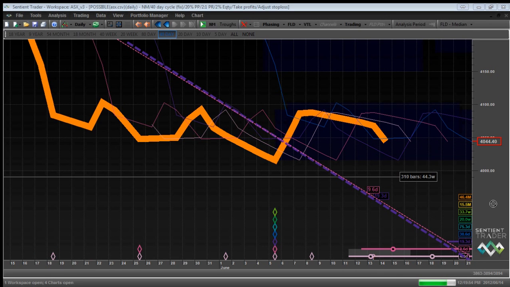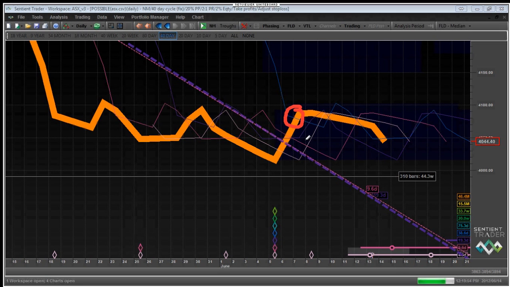So let's have a look at the 40-day FLD and the 20-day FLD. Here is the 40-day FLD, which was crossed on, I think, probably about Friday, towards the end of the week. Median price crossed the median FLD. If you're making trading decisions on the basis of the median FLD, then you take delayed trading decisions. In other words, you wait until price crosses the FLD.